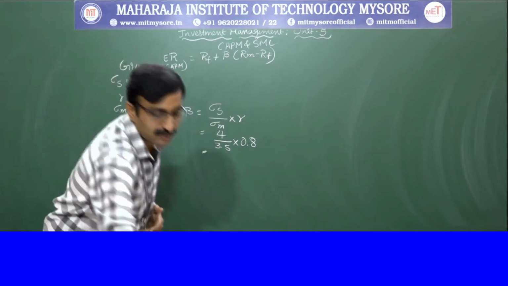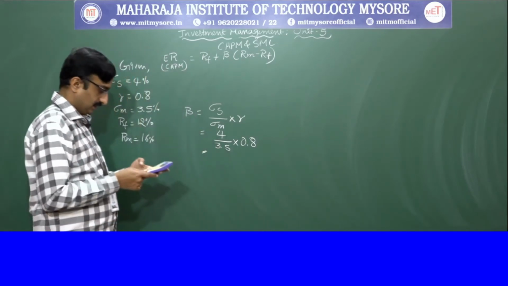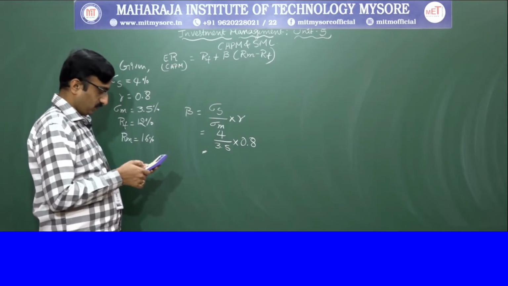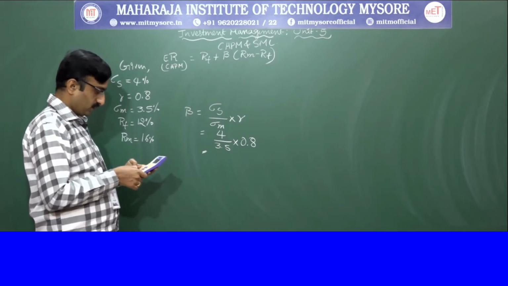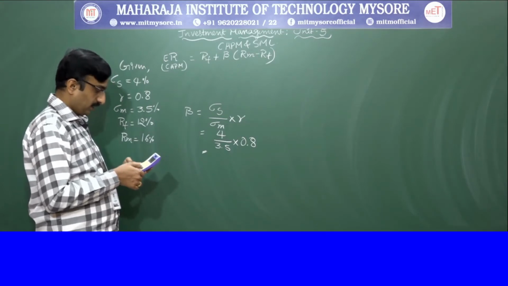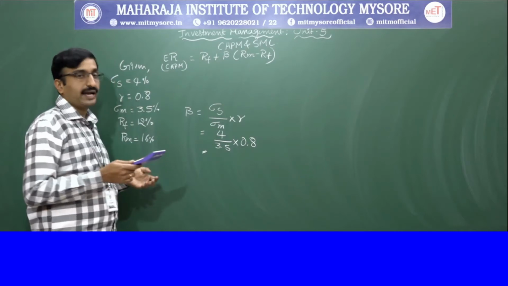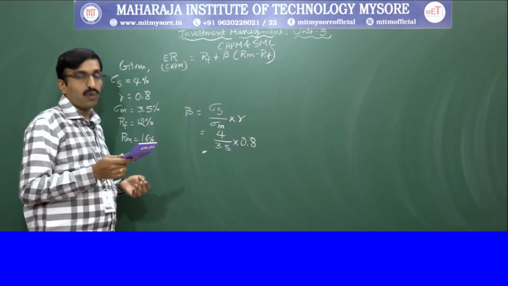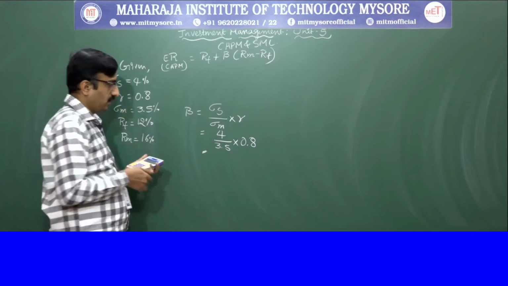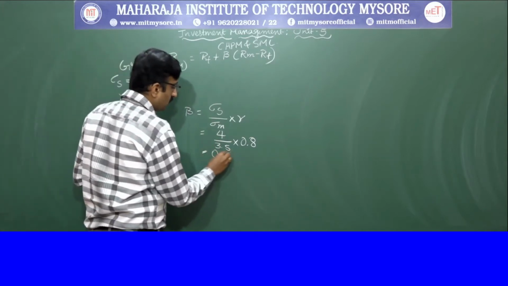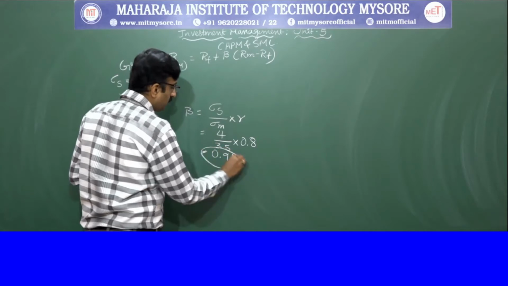Calculate: 4 divided by 3.5 into 0.8. You will get 0.91. This is the beta.